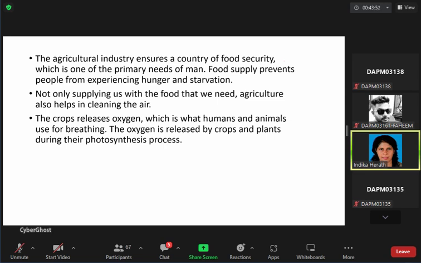Especially the crop plants release oxygen, which is needed for all of us to breathe. So the photosynthetic process provides us clean air as well.